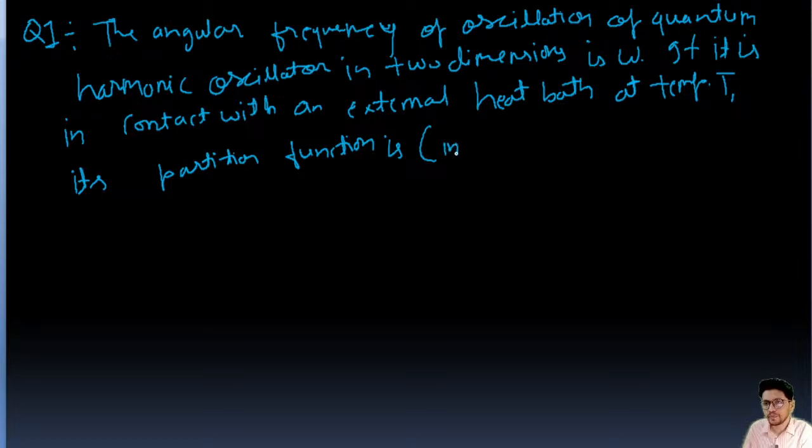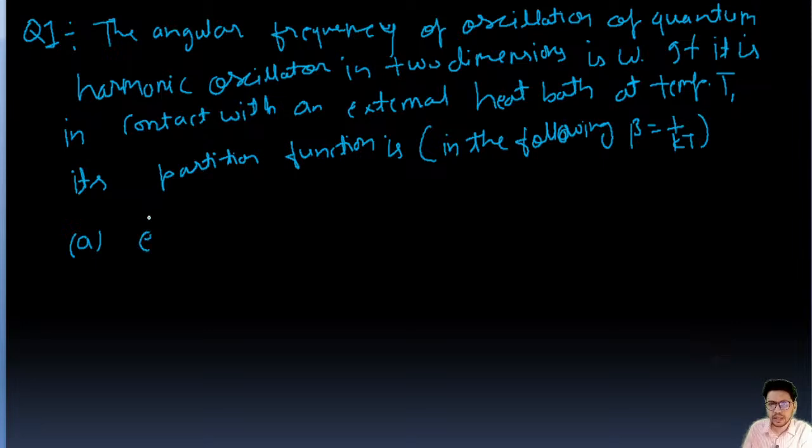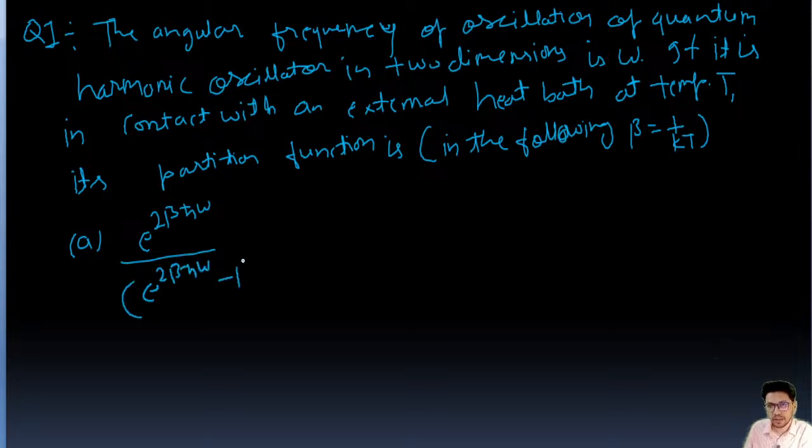In the following, beta equal to 1 upon kT, where k is the Boltzmann constant, and the options are: option A is e to the power 2 beta h cut omega upon 1 minus e to the power, my apologies, this is e to the power 2 beta h cut omega minus 1 whole square.